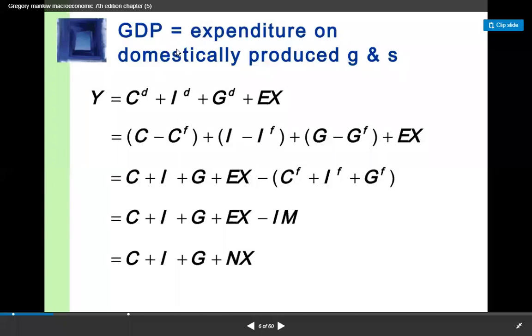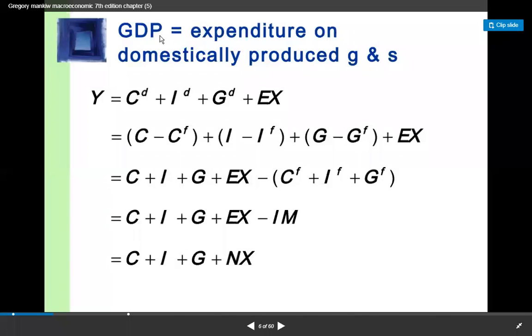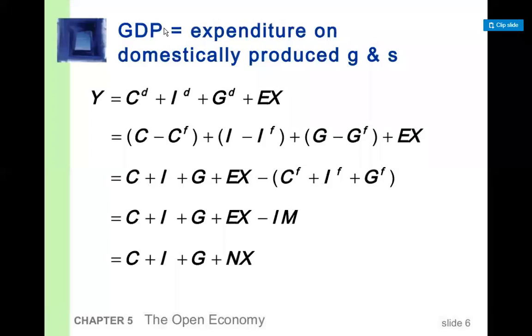So our output is equal to expenditures on domestically produced goods and services. GDP is your output produced within country. That is equal to जितना प्रोड्यूस होता है उतना ही कंज्यूम हो जाता है.